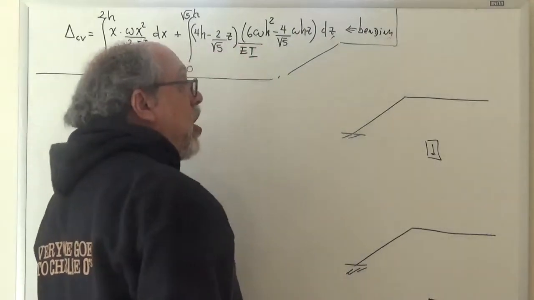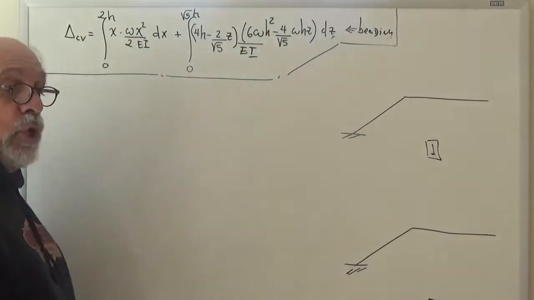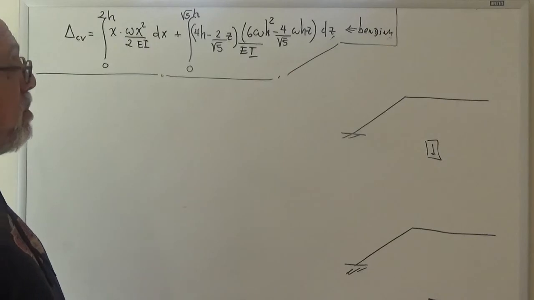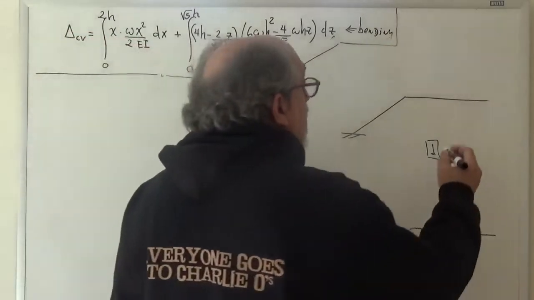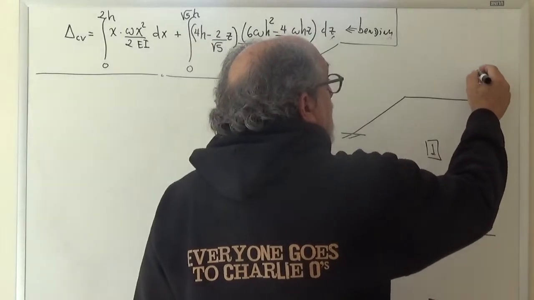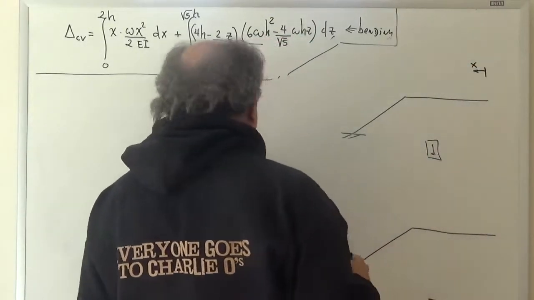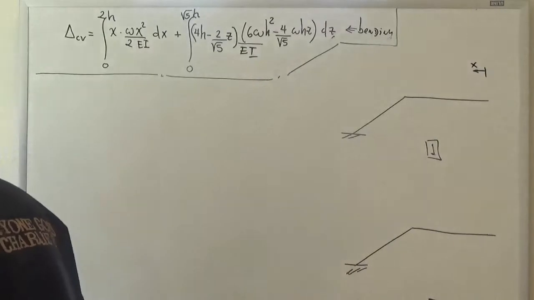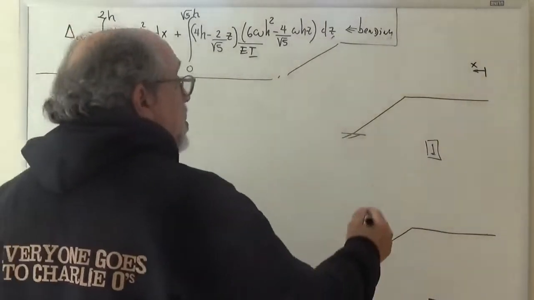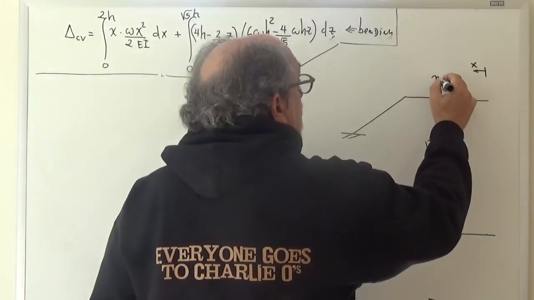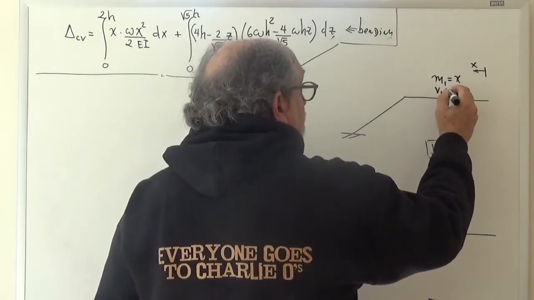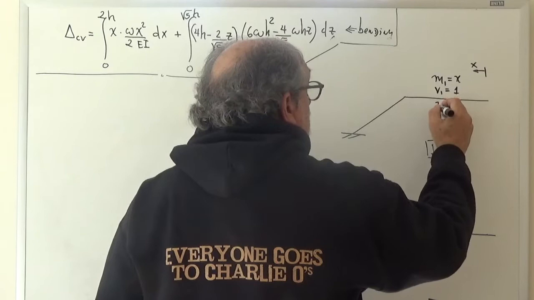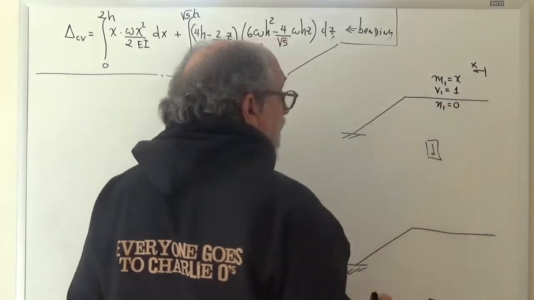Since we've already done it before, I'm not going to stop and repeat everything exactly the same. All I have to say is that if I start a coordinate here, x, that moves that way, then it's obvious that we've already shown that M1 here is equal to x, that V1 here is equal to 1, and that N1 here is equal to x.